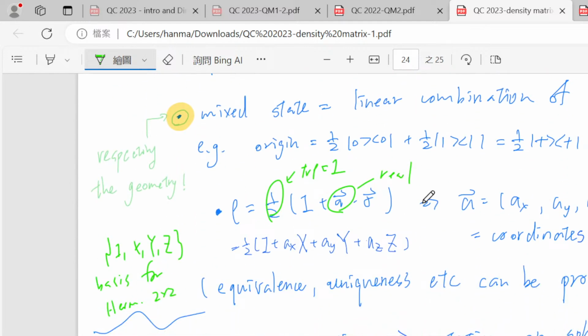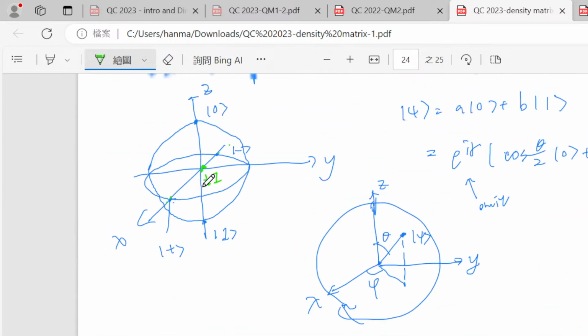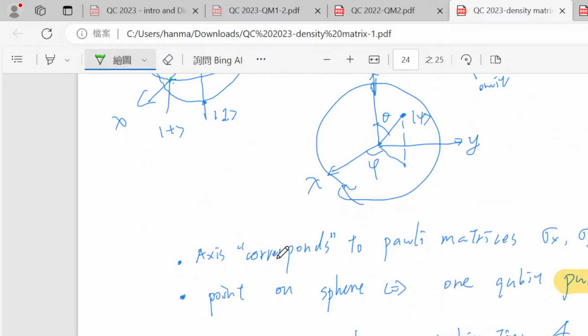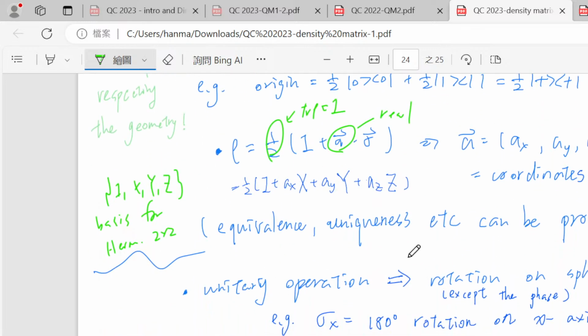But linear combinations of mixed states actually respect the geometry here. A linear combination of two points in the Bloch ball corresponds to the linear combination of the density matrices. That's something nice to know.